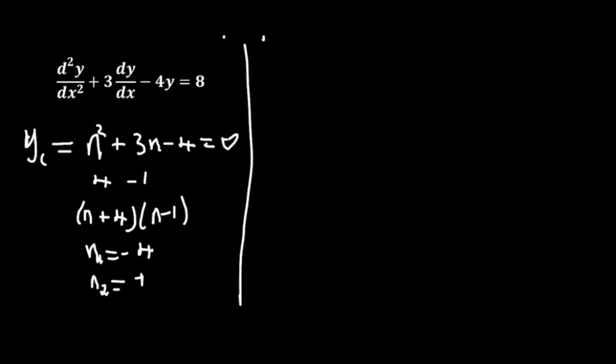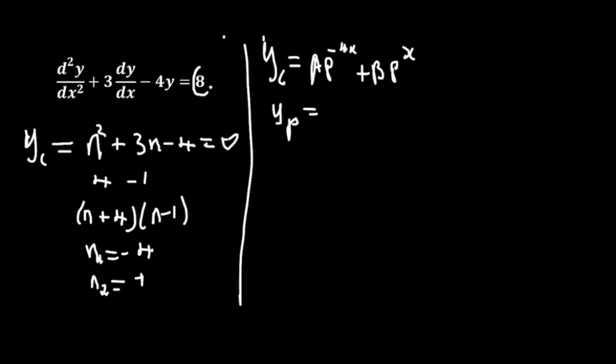We see that our complementary solution, y complementary, will simply be a e to the power minus 4x plus b e to the power x. Now for the particular solution, in this case we have 8. 8 is a polynomial and it's a constant, so we're simply going to have our polynomial c. If in case we had, let's say, 8x, then we would have y particular as ax plus b. So depending on what function we have here, we'll know the particular solution we're going to use.